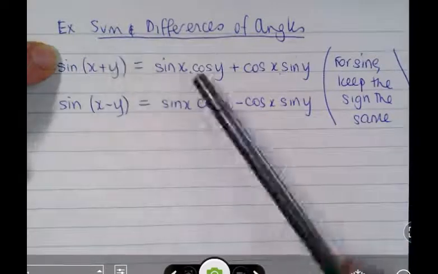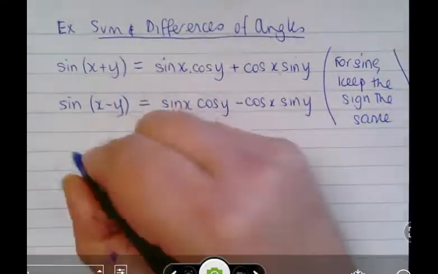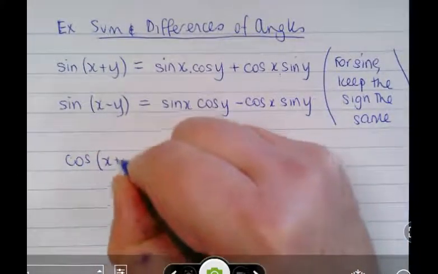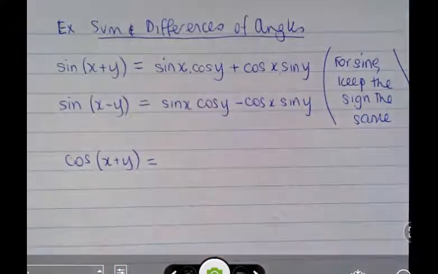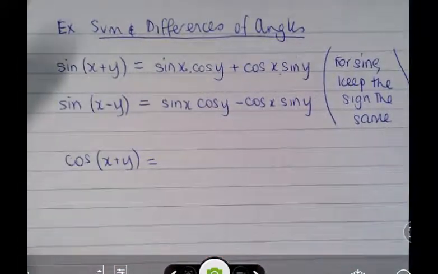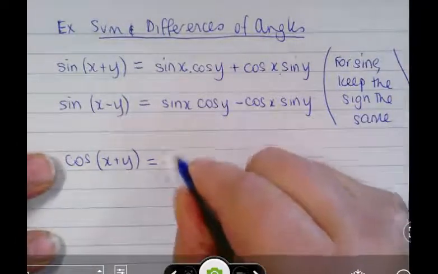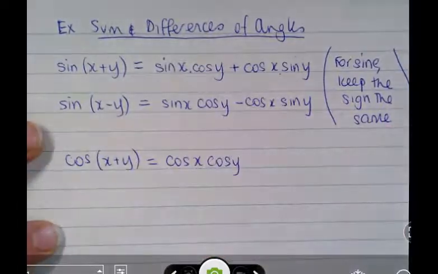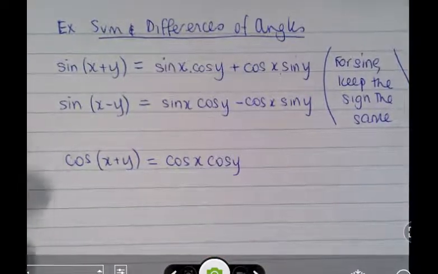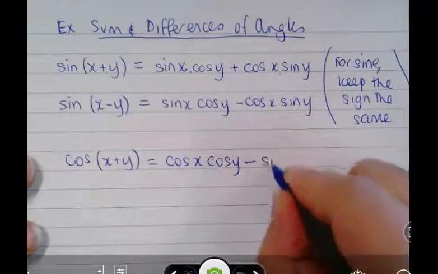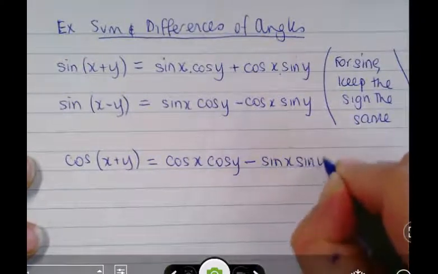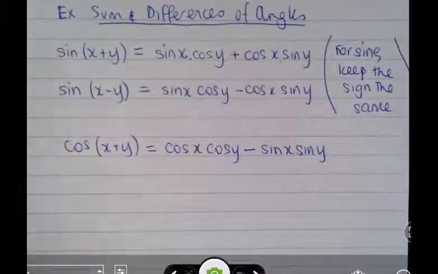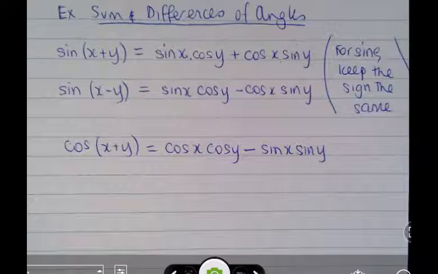If the sine one is keep the sign the same, when we do the cos formulas, we make the sign different, and it's a different version of the formula as well. The cos formula is cos x cos y minus sine x sine y. Sine is the only one where you keep the sign the same. So the cos formula is cos cos sine sine, but it's a different sign for cos.